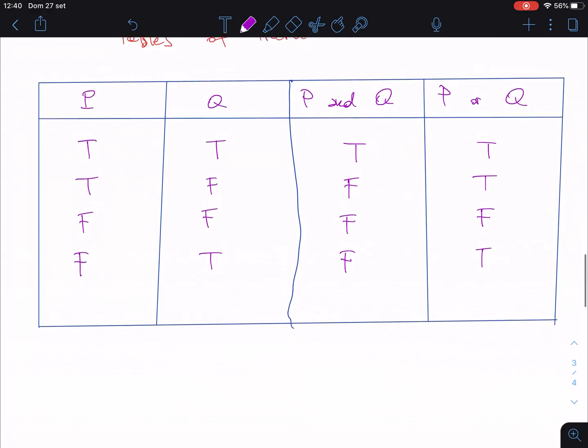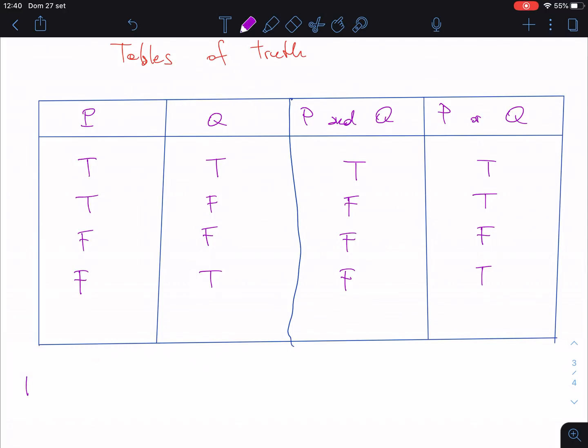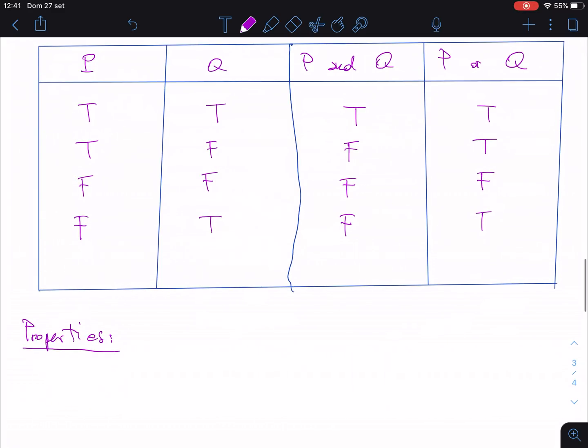So notice from the table that if you consider P and Q or Q and P, there is no difference. And also if you consider P or Q or Q or P. So we have some properties which are obvious at this level. The properties are the commutativity, so P and Q is equal to Q and P. What does it mean equal?